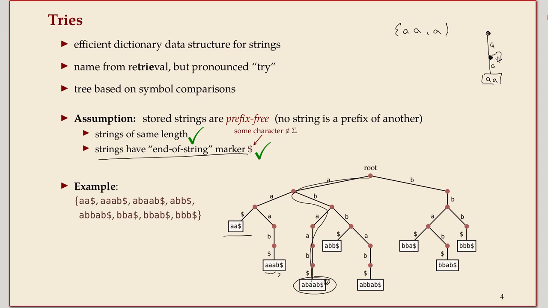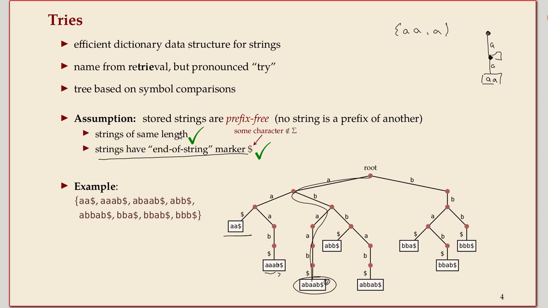That's just to make life a little more convenient. Then we can talk about internal nodes, which don't store anything, and leaves, which always store explicitly just one key. If you're in the special case that all your strings have the same length, you also have a prefix-free set, then you might drop the end of string marker. That's sometimes convenient.